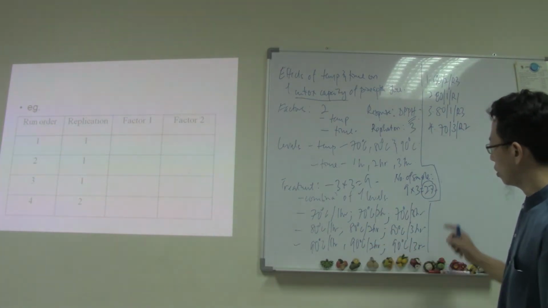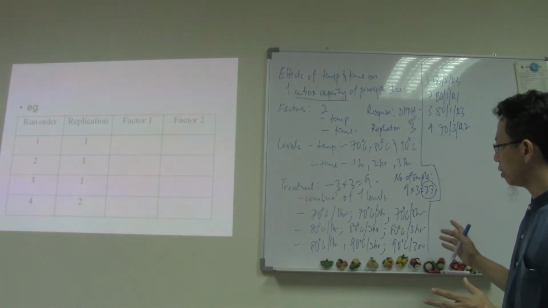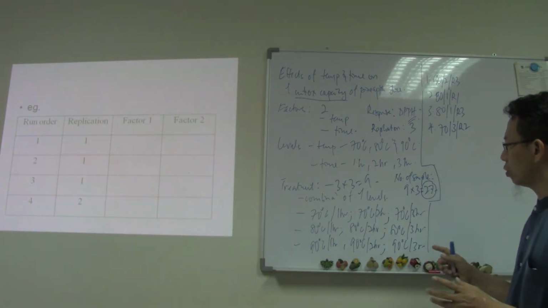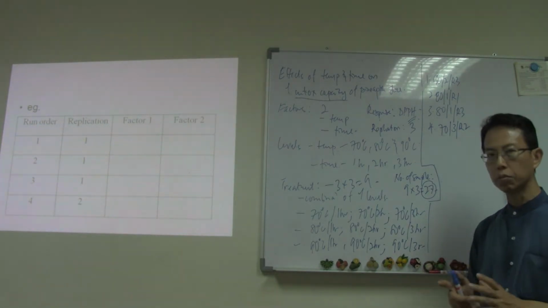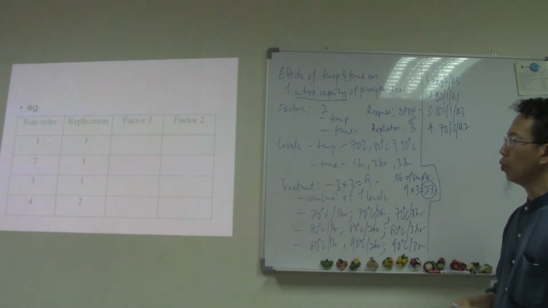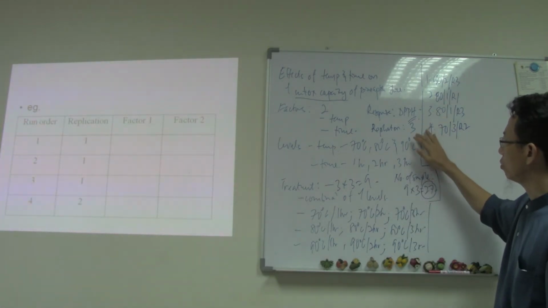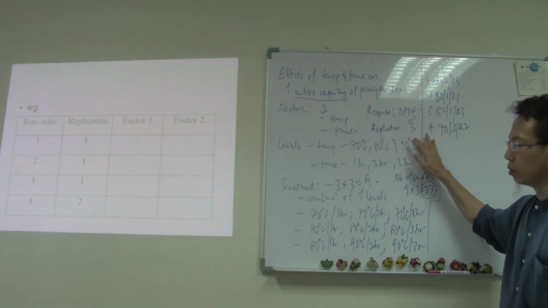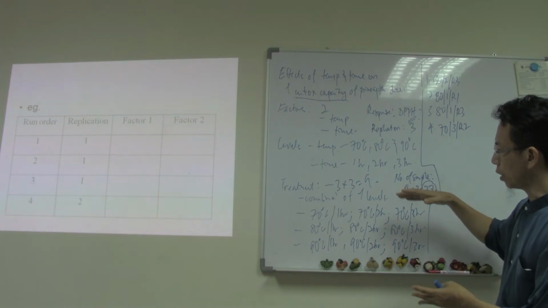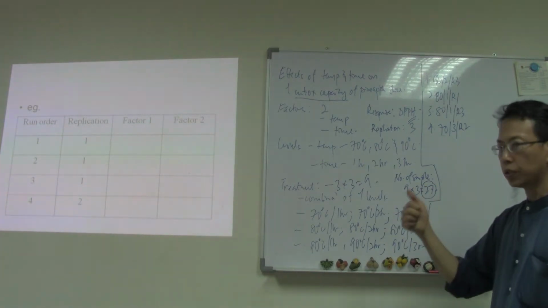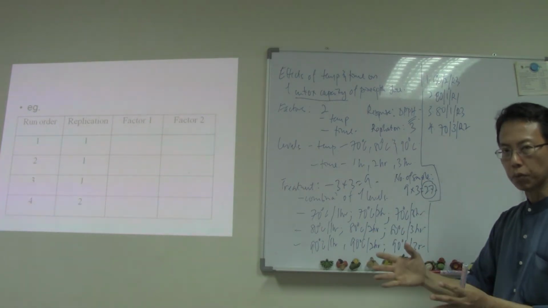Let's take, for example, the replication as the block. So we will have 3 replications, meaning 3 blocks. When we do our experiment, we will do the first rep first. That is the first block.